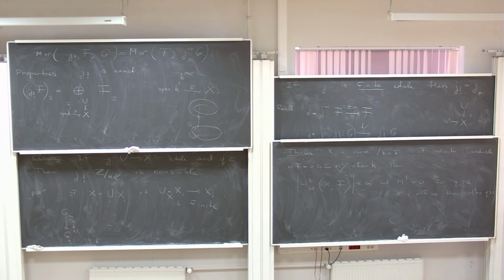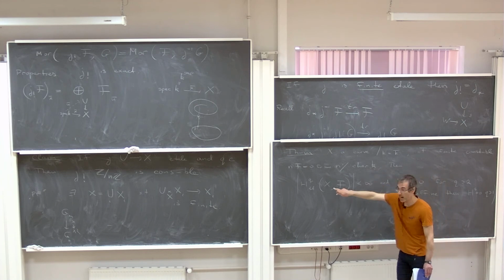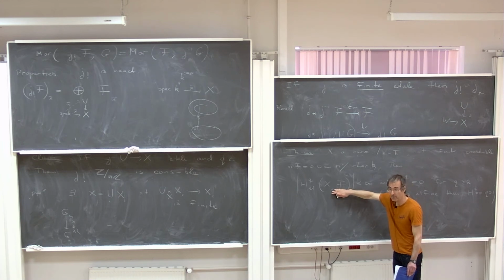That is a stronger assertion. Again, this condition is important because, as we already observed, for X equal A^1 and F equal to Z mod p Z, this group is infinite.